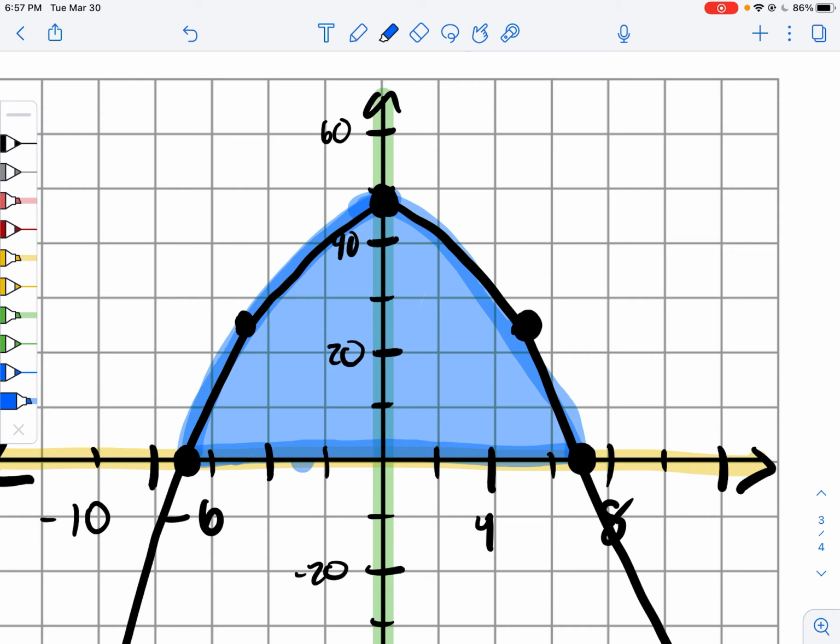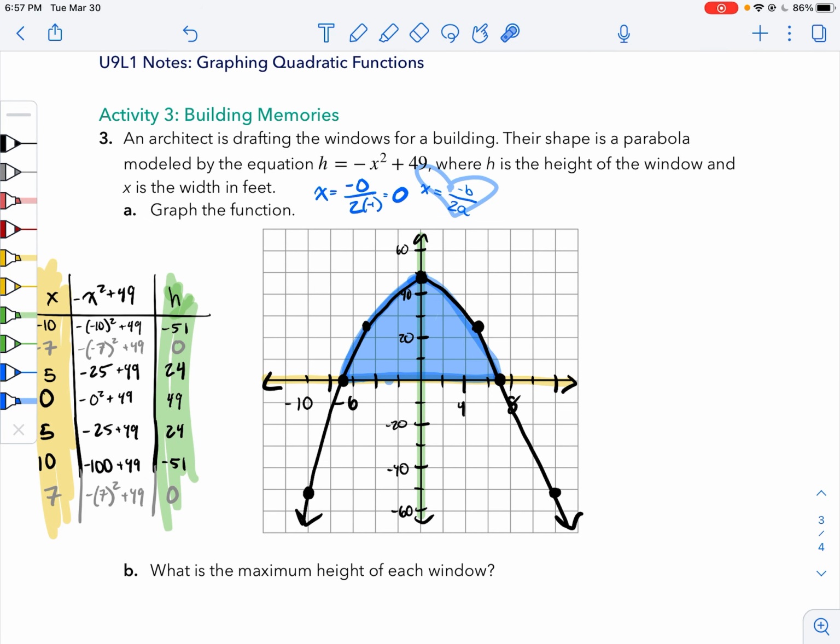So if you start at the middle of the window and you go over 2 feet, that window is still going to be over 40 feet tall. If you start at the middle and go over 7 feet, that window isn't tall anymore. So we've got 7 feet going this way and 7 feet going this way. What's the base of this window?